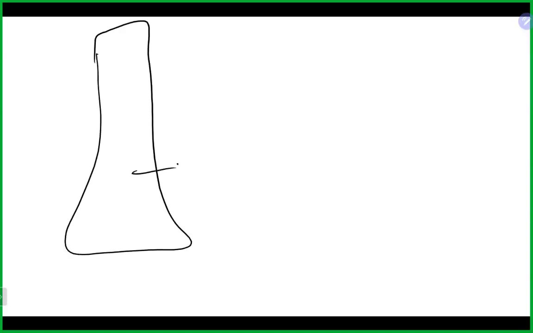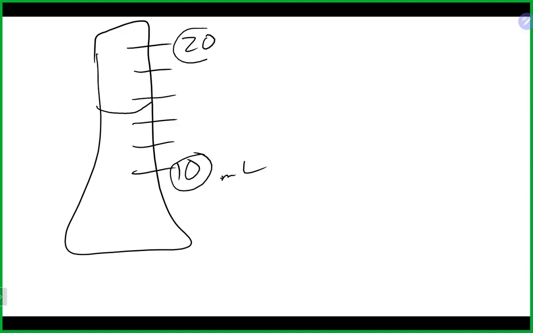this. And we'll throw our liquid right about there. So now when we look at this, we got 10 and 20. Once again, our large marking is 10 milliliters.